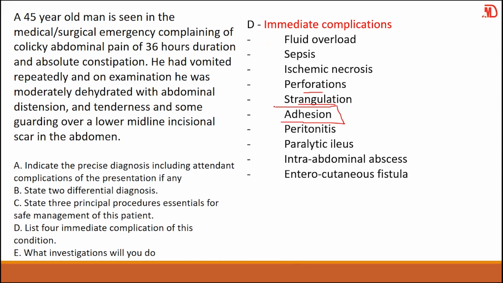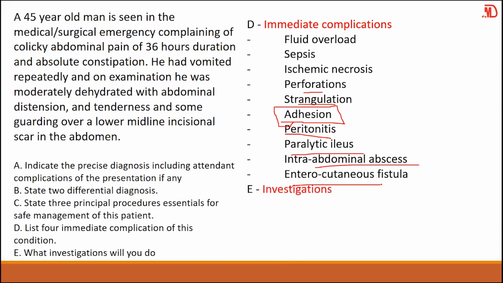Usually when they do surgery, adhesion can develop. And again, we can talk about peritonitis, paralytic ileus, then an intra-abdominal abscess, then enterocutaneous fistula. So these will be our possible complications. Any 4, you are good to go.